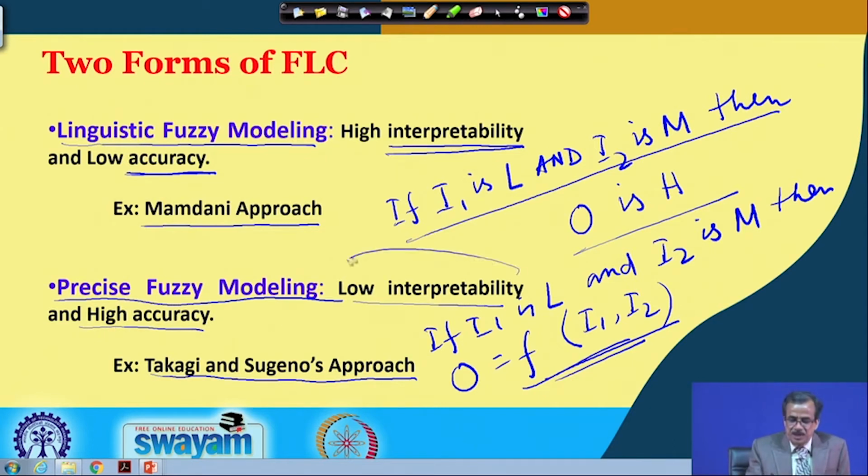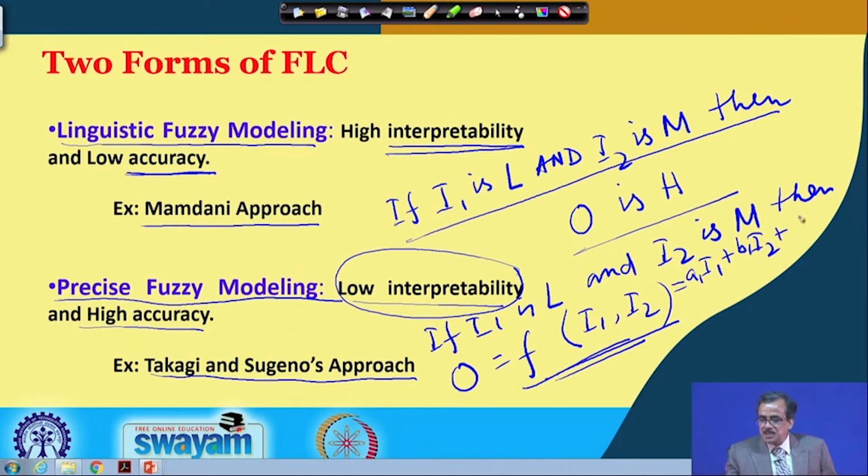But interpretability is low, in the sense that if I read this rule, no control action comes to my mind directly. If I1 is low and I2 is medium, then the output is a particular function of I1 and I2, and let me write that: A1 multiplied by I1 plus B1 multiplied by I2 plus C1.